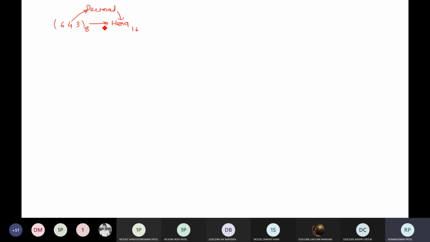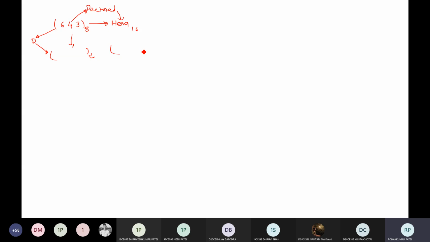This way we can do it, but this will take time. This is a smaller number. If you have a larger number, then this will take time, right? So how to do it? Now, same way, if you want to convert this octal into binary, decimal is the common platform, so octal to decimal and then decimal to binary.